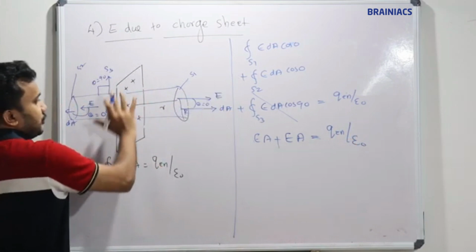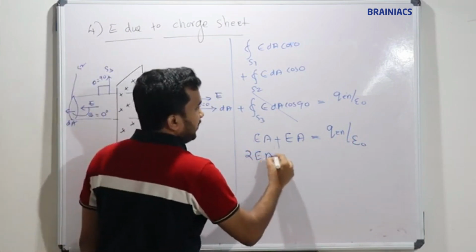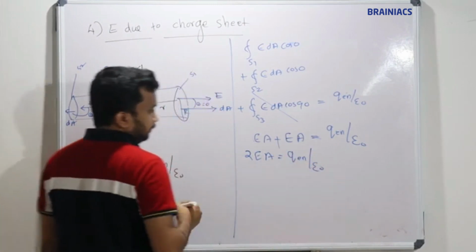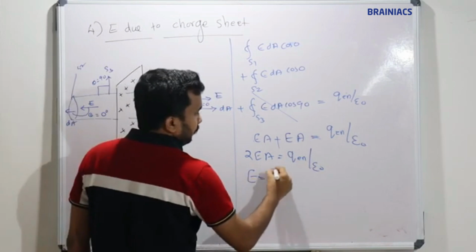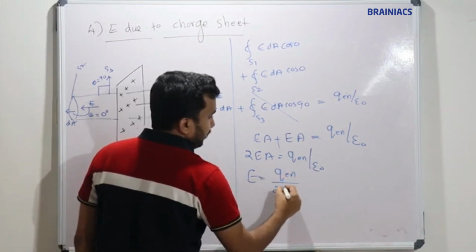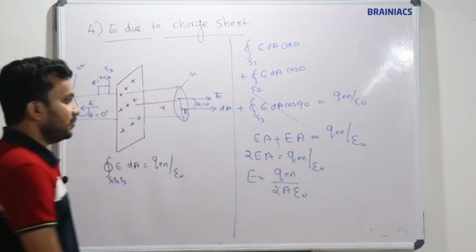Here the charge means the total charge on the sheet. So 2 times EA will be equal to Q enclosed divided by epsilon naught. So the electric field E equals Q enclosed divided by 2 A epsilon naught. What is charge per surface area?